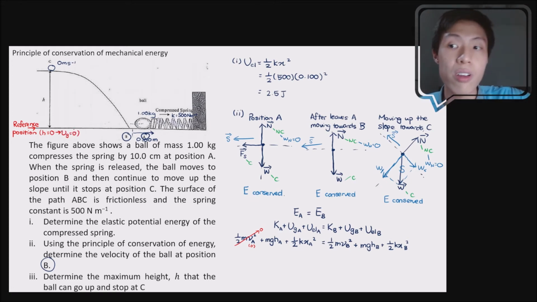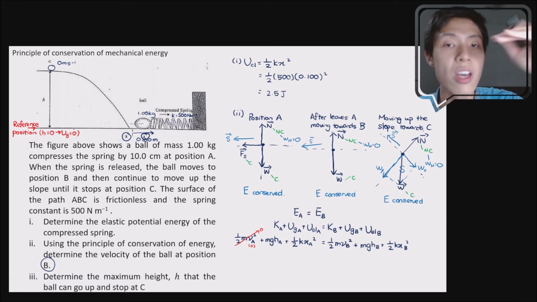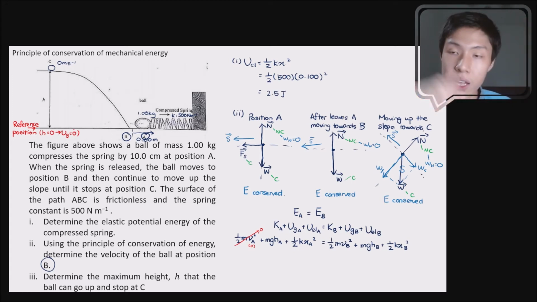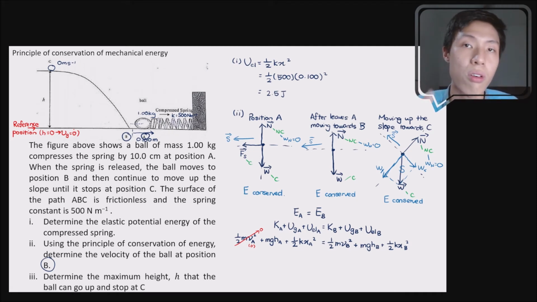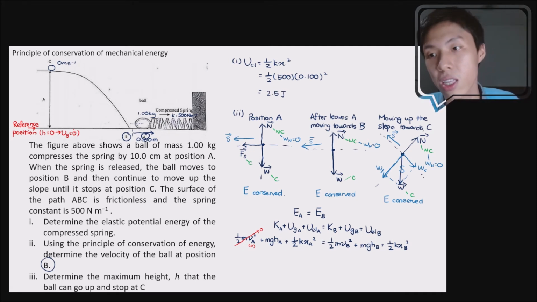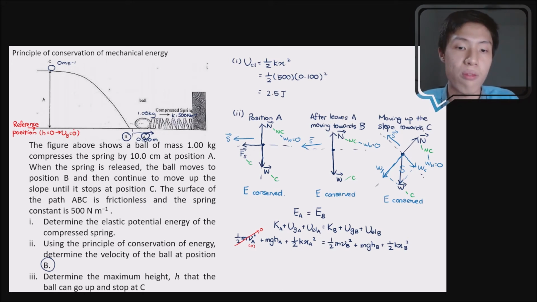If you go above the ground, your gravitational potential energy will be positive. If you go below the ground, underground, then your gravitational potential energy will be negative. We have to set a reference position first. And since we set the ground to be our reference position, the ball is still at the ground, so the gravitational potential energy should be 0 because the height is at the reference position.